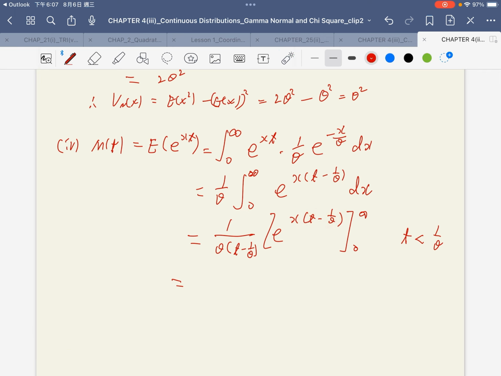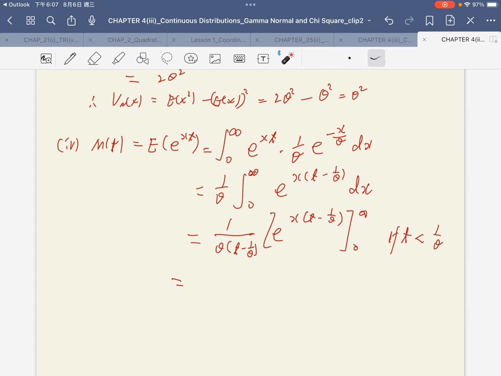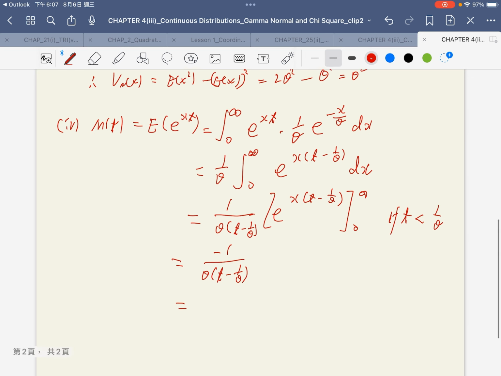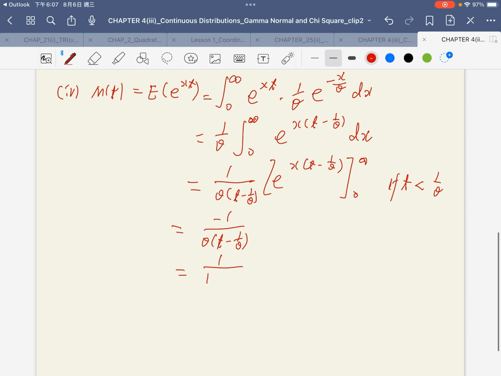If it does not fulfill this criterion, the moment generating function cannot hold. Then putting infinity in gives 0, and putting 0 in gives 1. Therefore, there is negative 1 over theta, t minus 1 over theta, and changing the sign, that is 1 minus theta t.